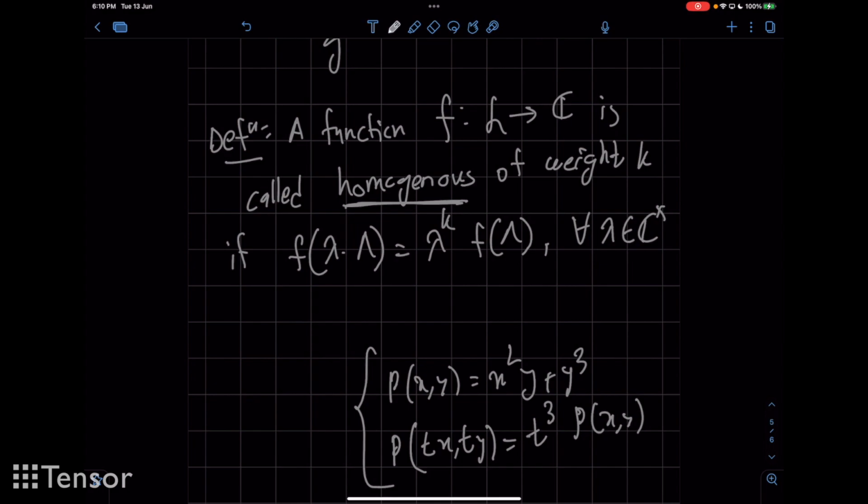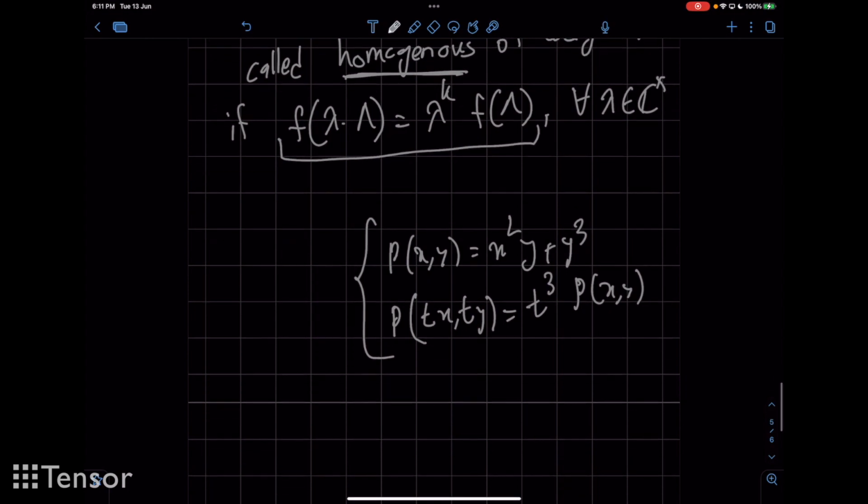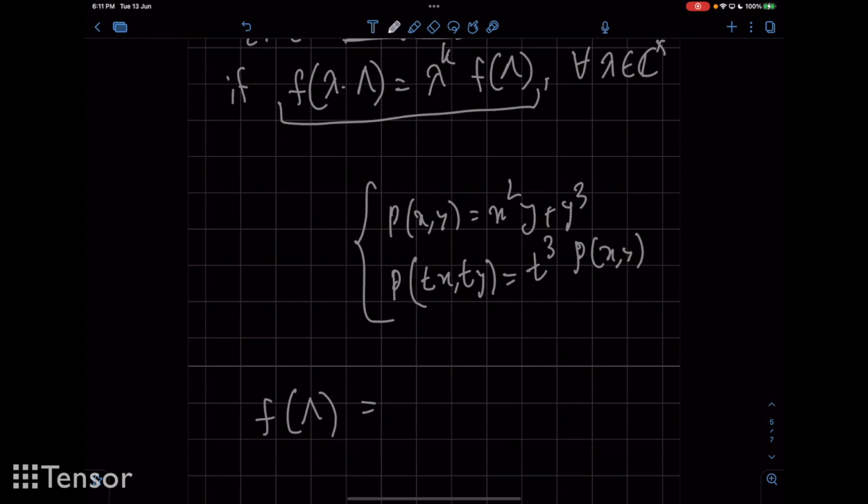But we have another problem here: constructing such functions is not easy at all. One example might be this. I define f of capital lambda to be the sum of omega to the power k, where omega is in capital lambda.